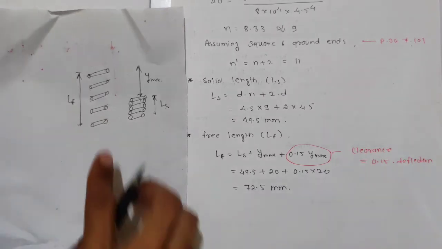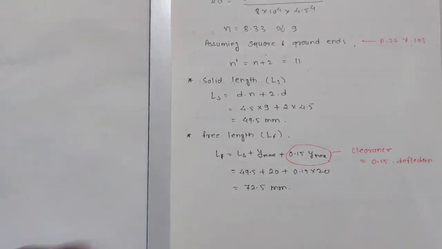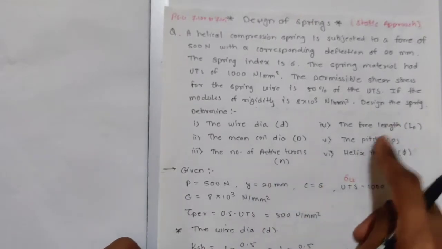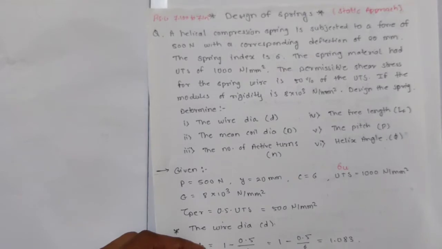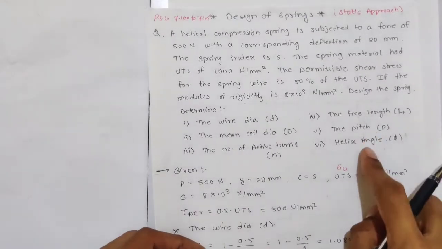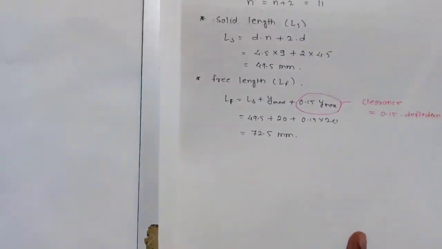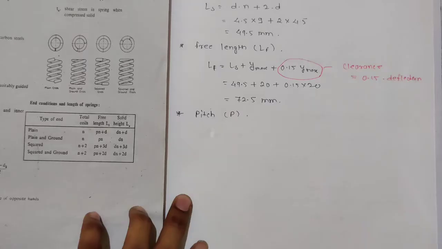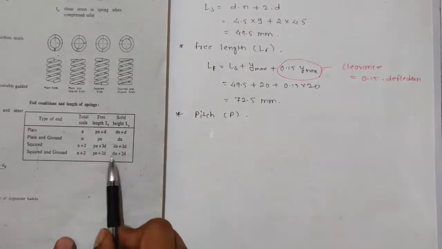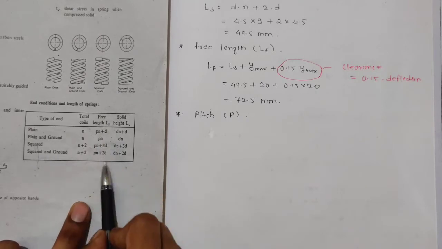Alright, so understood this concept, right? So I'm moving ahead. Now what we have to find? We got this pitch and helix angle. So let's start with pitch. There is one formula for pitch. We have already seen one formula for solid length. Now we have one more formula for free length.